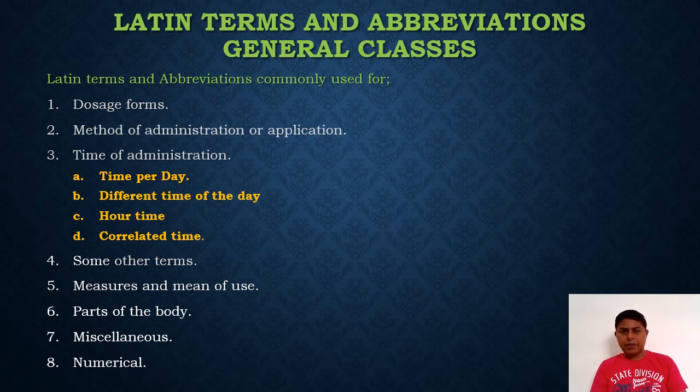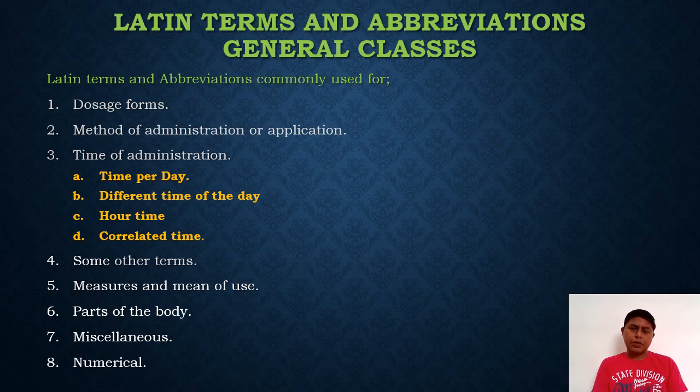Latin terms and abbreviations, their classes like: Latin terms and abbreviations commonly used for dosage form, commonly used for method of administration or application, commonly used for time of administration like time per day, different times of the day, different hour times of the day, and correlated times are given.